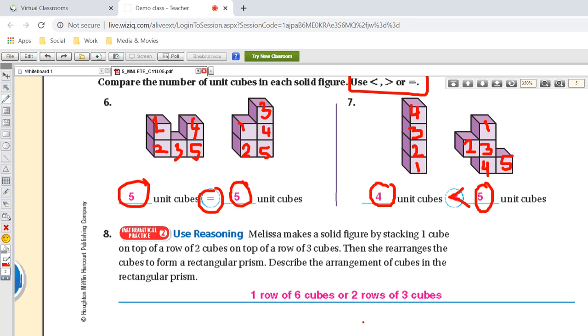You have to imagine how to count the number of unit cubes in each three-dimensional figure. It's very easy to understand, but you have to imagine it well.